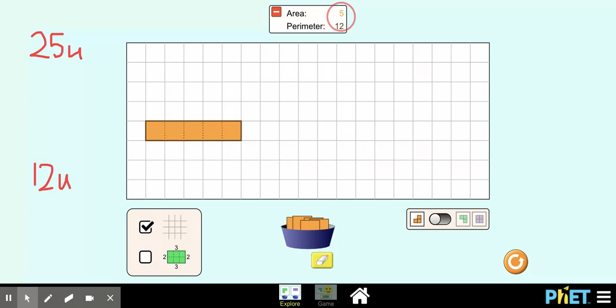I wonder if I could make that number even bigger by using my fencing differently. What would happen if I moved this square over here? I still have 12 units of fencing. I still have 5 units of area, so that really didn't make a difference.